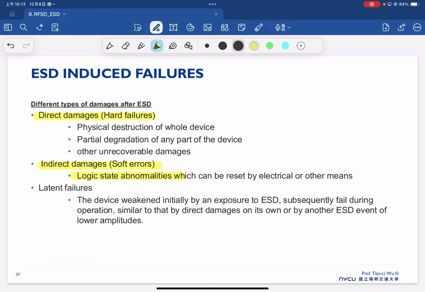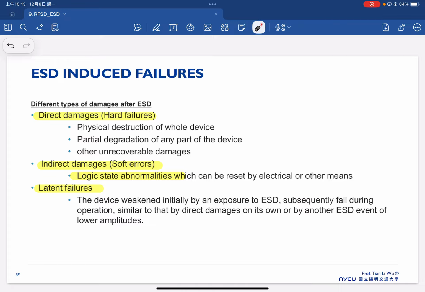They can also have what we call latent failures. The device was weakened initially by the ESD, but we will not see an immediate failure.